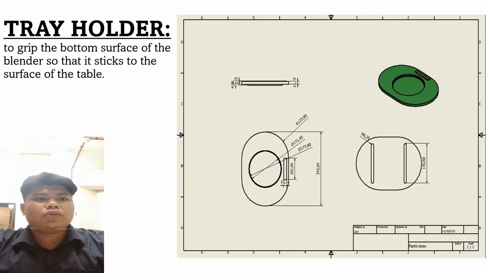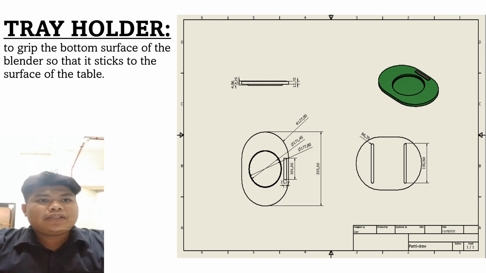Assalamualaikum warahmatullahi wabarakatuh. My name is Muhammad Khairul Nizam from DKM 3A, and my matrix number is 07 DKM 21F 1057. Okay, today I want to explain my part for the Inventor project.